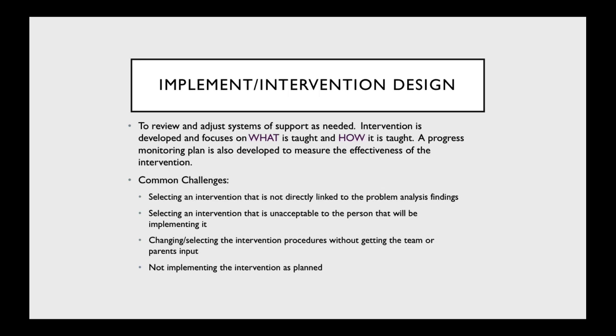In other words, you may have a student that the problem analysis findings really show needs, if we're talking about an academic piece, intensive reading instruction, let's say, and we don't have that available. So then we pick something totally different, expecting it to have a connection. I don't know that people do this intentionally. Sometimes we just have not slowed down enough to really ensure that the dots keep connecting.